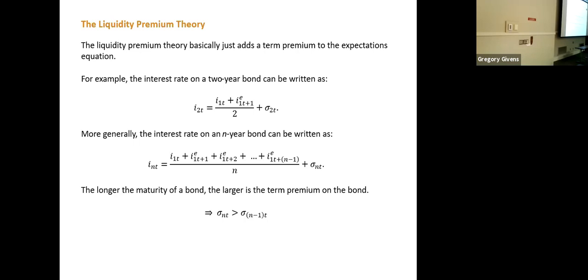So when you view a moderately upward sloping yield curve through the lens of the liquidity premium theory, that probably tells you that investors think interest rates are going to stay relatively flat over time, not actually rise. So be careful about how you interpret the yield curve. The interpretation changes somewhat when you use the liquidity premium theory as opposed to just the pure expectations theory of the term structure.